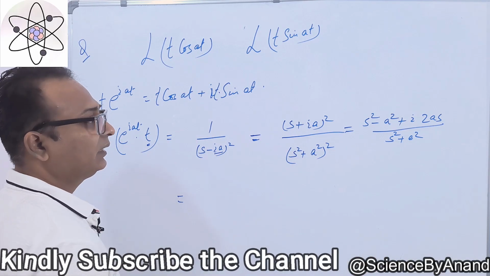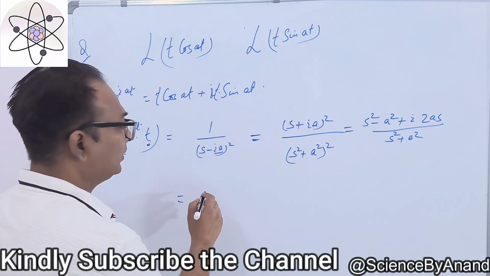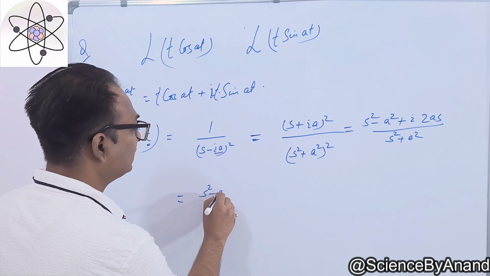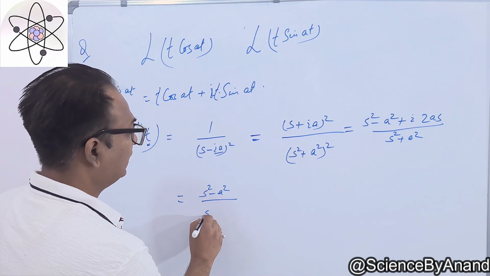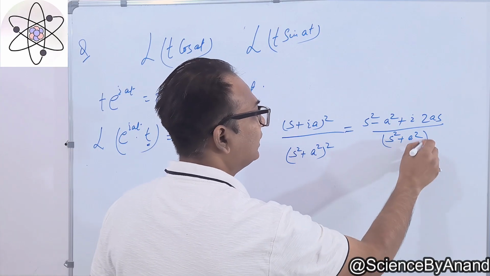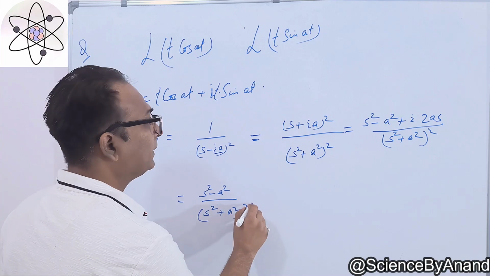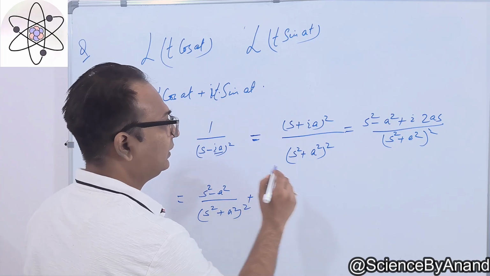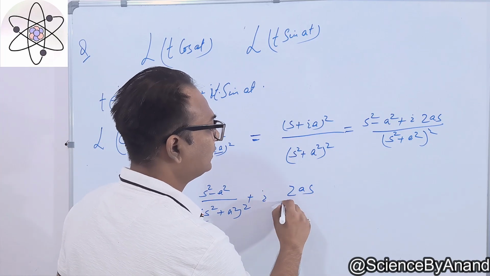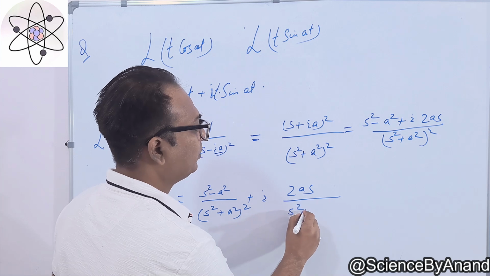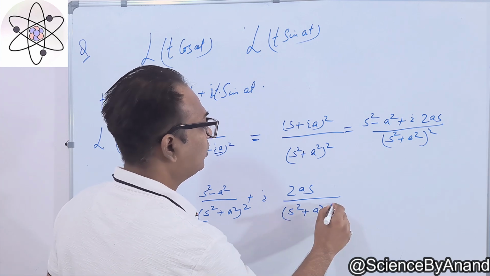So the real and imaginary parts can be separated. This is (s square minus a square) by (s square plus a square) whole square plus i times 2as by (s square plus a square) whole square.